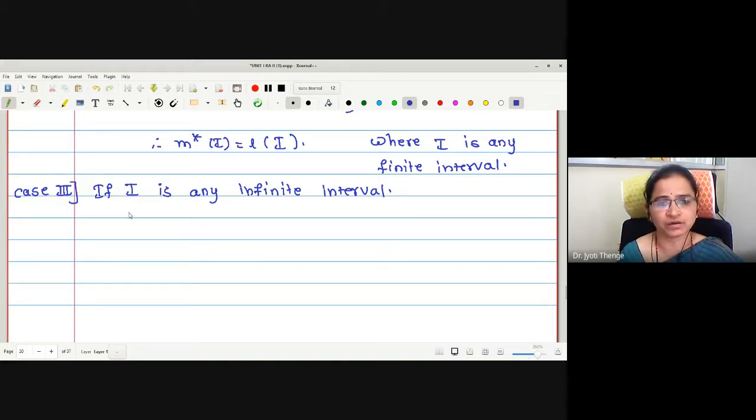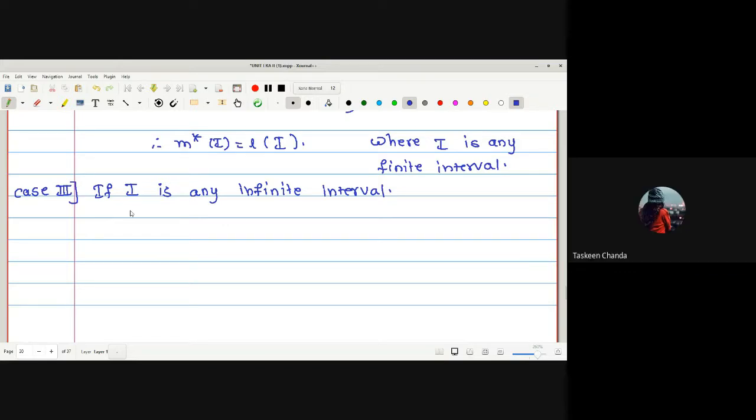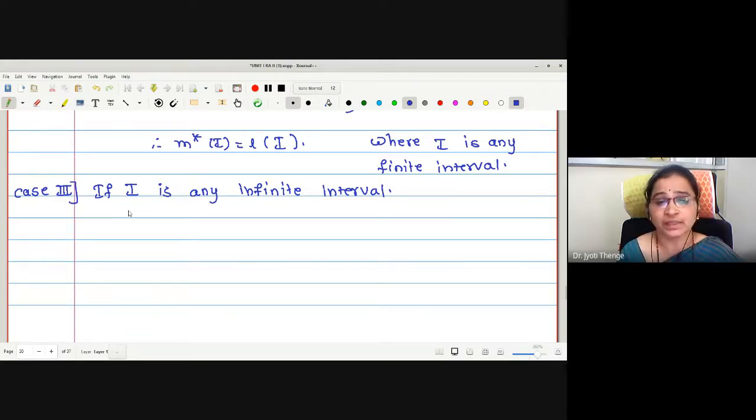Length of an infinite interval is infinite. Our aim is to prove outer measure is equal to length. We know the length of an infinite interval is infinite. Therefore, what should be the value of your outer measure? Infinite. Yes, it is infinite.